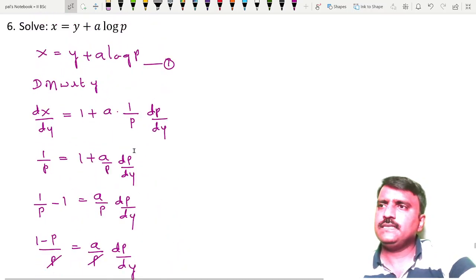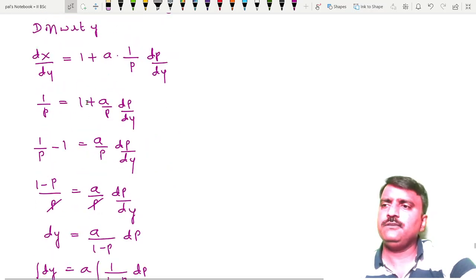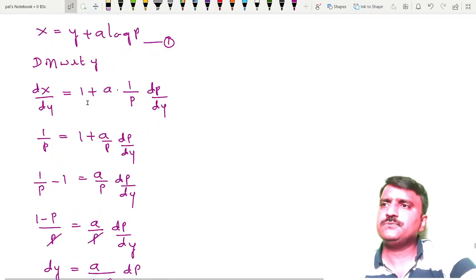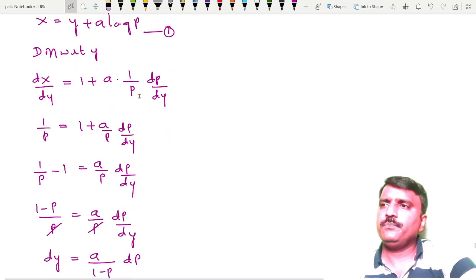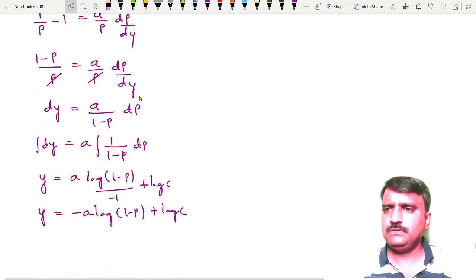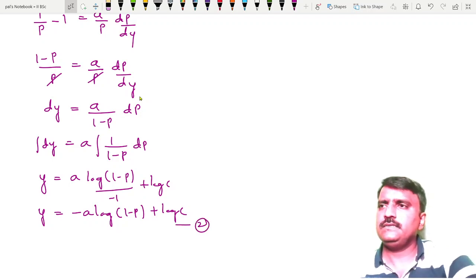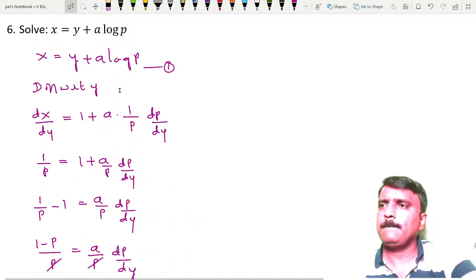So you take the given expression x is equal to y plus a log p. So in this one you substitute the value of y, ಬಂದಿದೆಯಲ್ಲ ಅದನ್ನ substitute ಮಾಡೋಣ. So x is equal to y plus a log p; take this as 2 and this one as 1.